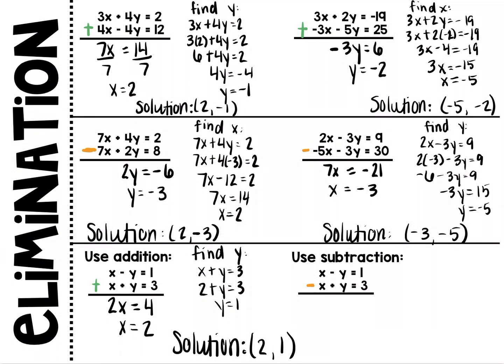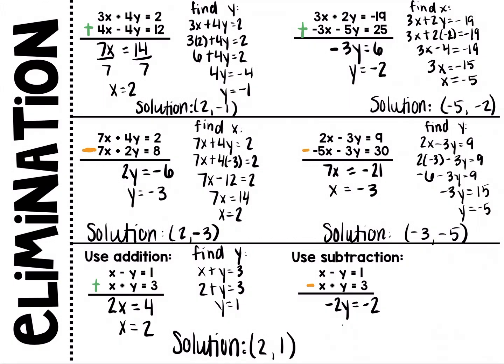So for this one, the first section, the y's canceled out, and we got x first. Here, the x's are going to cancel out, and we're going to solve for y first. So x minus x is 0. Negative y minus y is negative 2y. And then 1 minus 3 is negative 2.